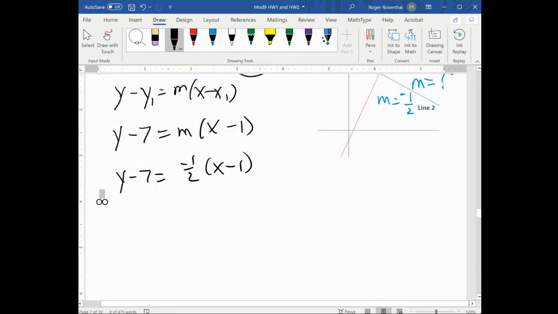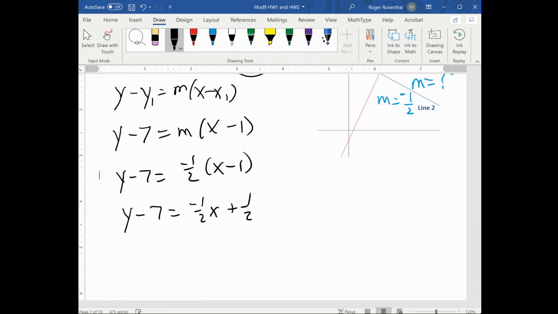Now, there's a couple ways to go to the next step. I'm going to show you the one students tend to make fewer mistakes with. So what I'm going to do is distribute the negative 1/2. That'll give me negative 1/2 x plus 1/2. Then, to make things simpler, I'm going to multiply both sides by 2 to get rid of these denominators so I don't have to deal with fractions.